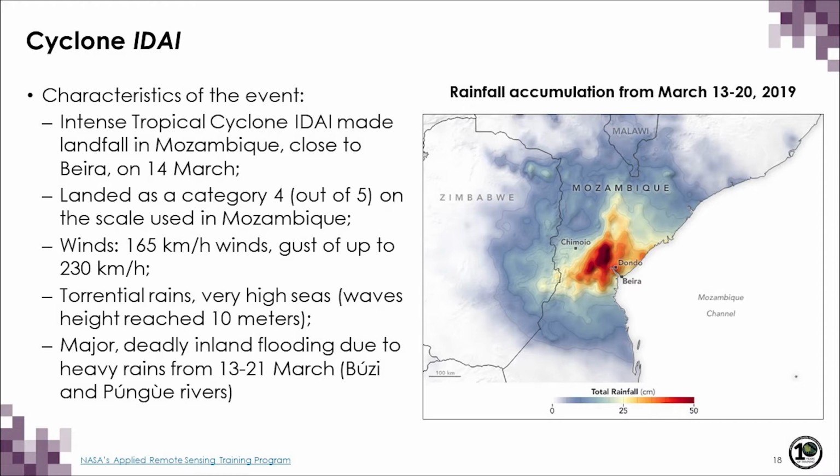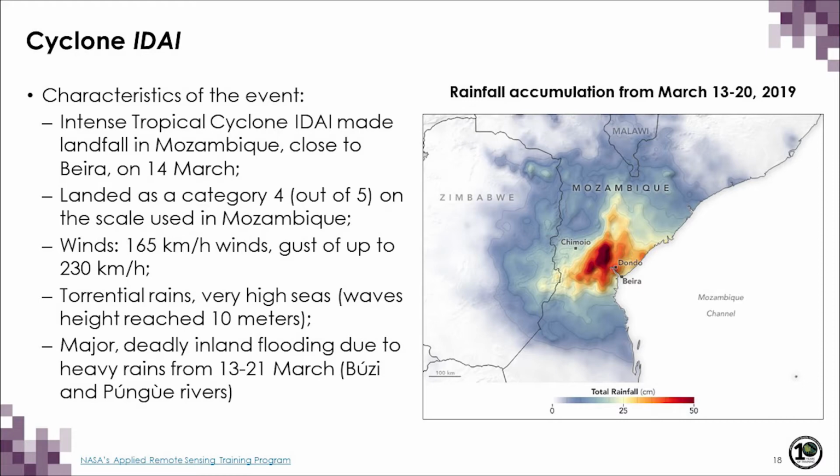Winds reached 155 kilometers or 102 miles per hour, with gusts of up to 230 kilometers or 143 miles per hour. In addition to the hurricane winds, there were torrential rains and very high seas, with waves height reaching 10 meters or 33 feet.